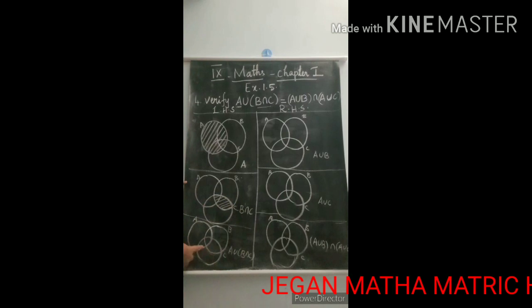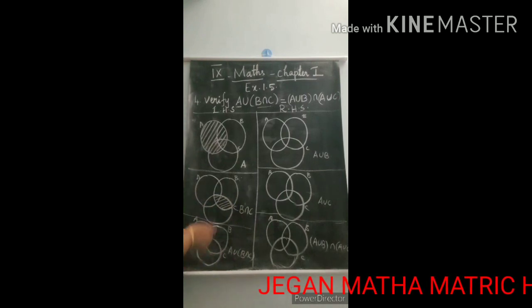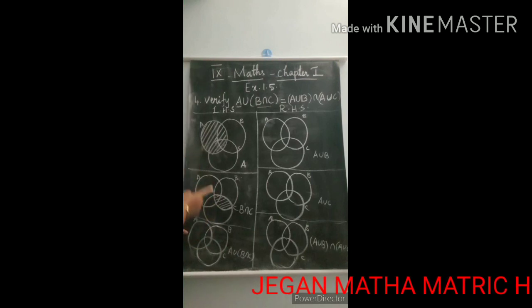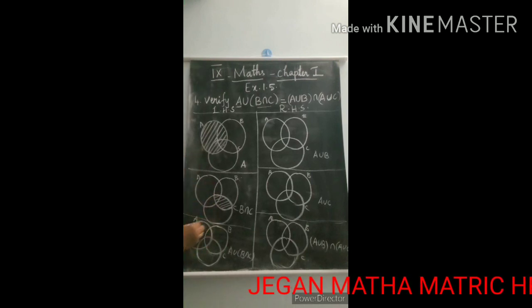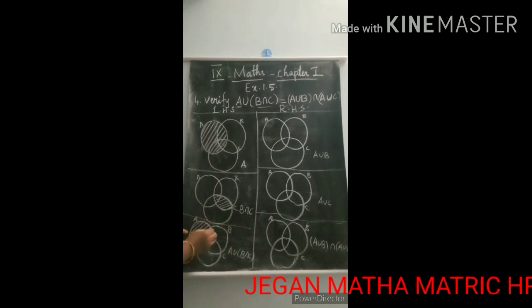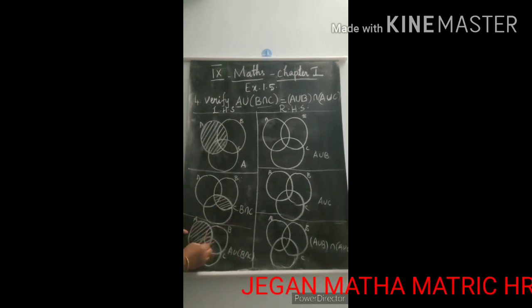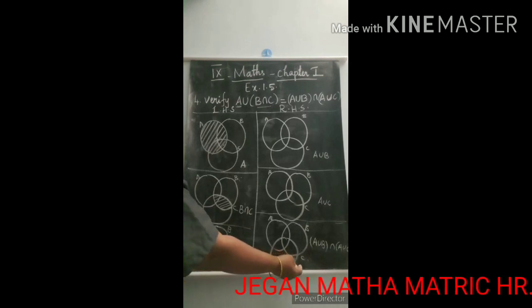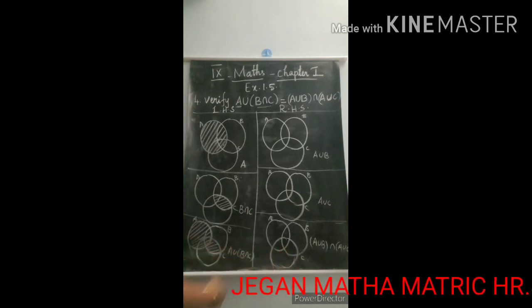And then the final one for LHS, you have to combine together A and B intersection C. That is A union (B intersection C). The same will come for RHS, then only it is proved.